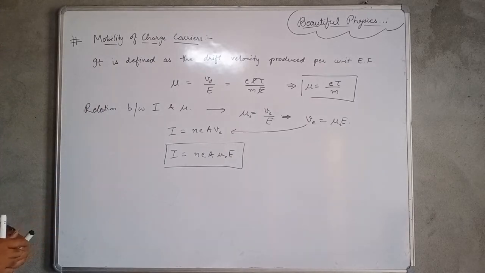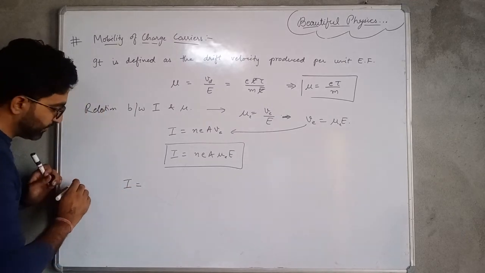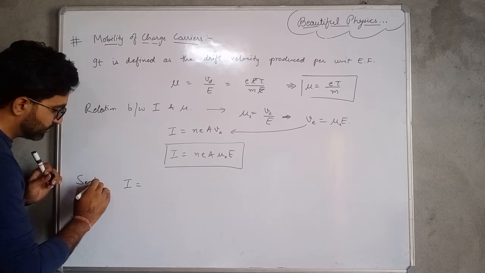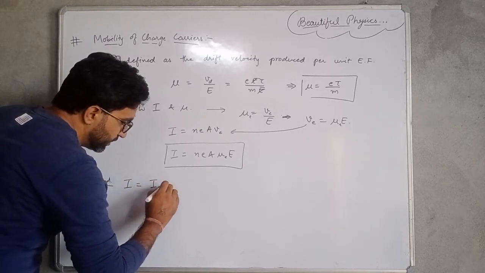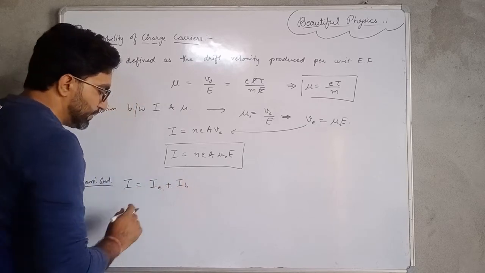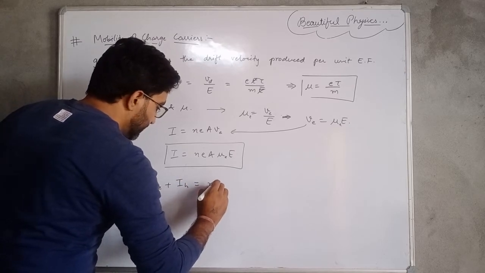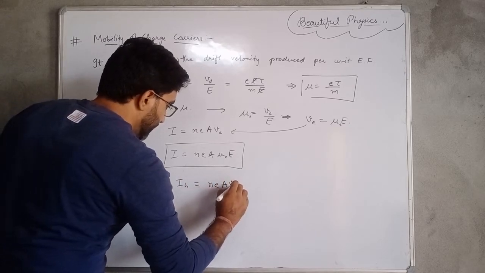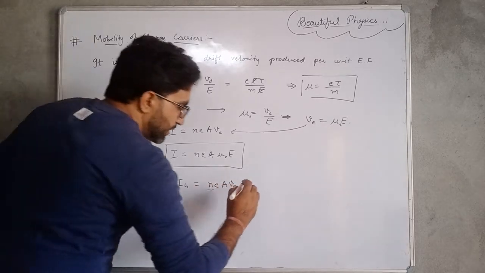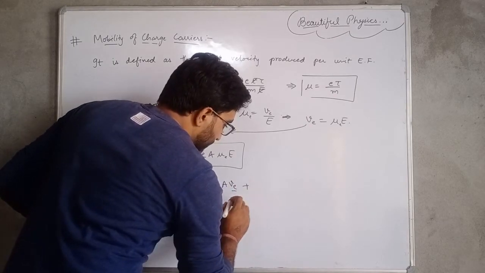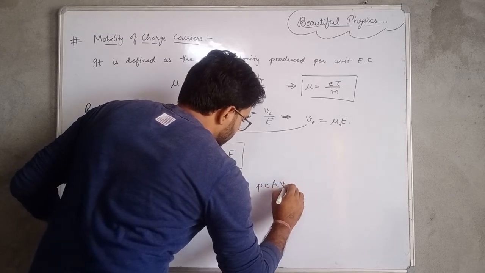When we talk about the case of a semiconductor, the total current in a semiconductor will be equal to the sum of the electronic current plus the hole current. In place of electronic current, we can write n e A Ve. Here n is the number density of electrons present in the semiconductor, and Ve is the drift velocity, plus p e A Vh.